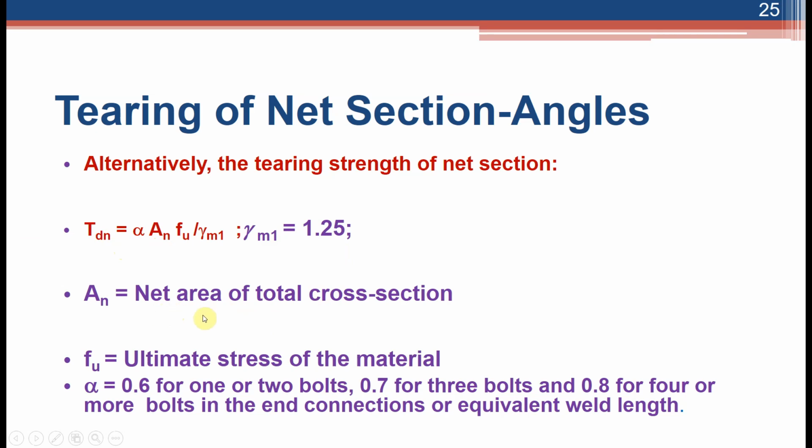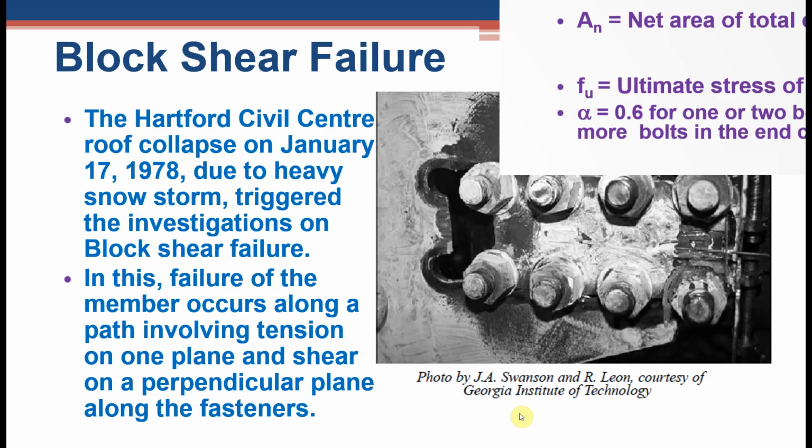Here An is the net area of the total cross section, Fu is the ultimate stress of the material, and the value of alpha depends on the number of bolts. So alpha is equal to 0.6 for 1 or 2 bolts, 0.7 for 3 bolts, and 0.8 for 4 or more bolts in the end connections or equivalent weld length.